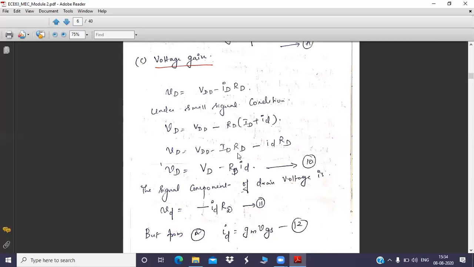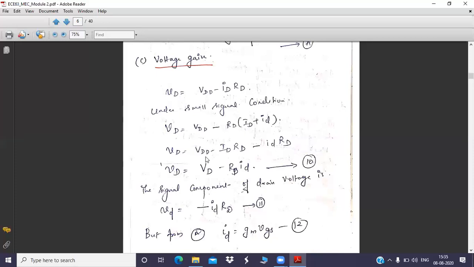ID RD is pure DC, but I am taking only the signal component. I'm not taking any DC component for finding the voltage gain. Please keep in mind that whenever you are trying to find the voltage gain, you will not consider any DC term. Which is a DC term here? A fully capital letter term is a DC term. That is, capital ID RD is a DC term which you can neglect. So only the remaining term I have taken.